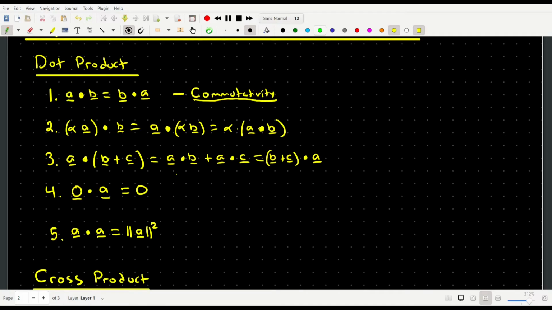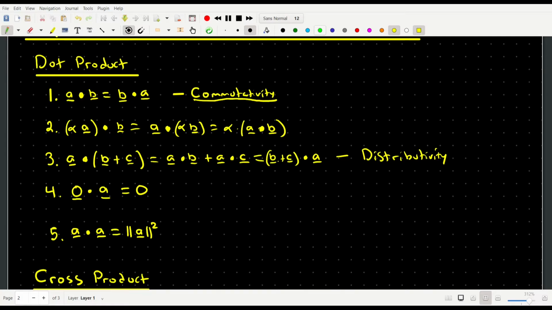The next one is distributivity of the dot product. And this is essentially the statement that A dot product with B plus C will always be the same thing as A dot B plus A dot C.